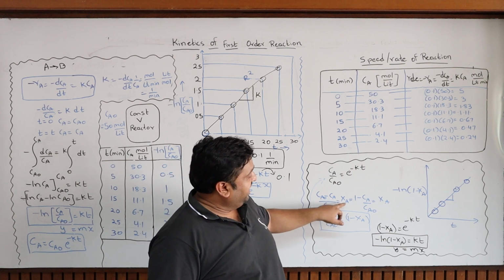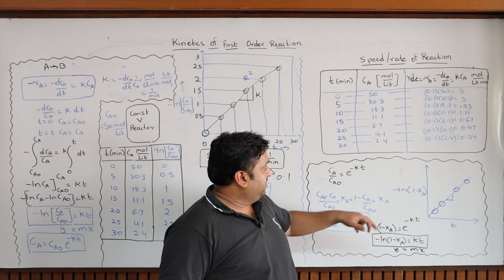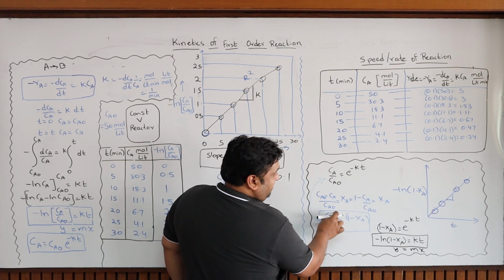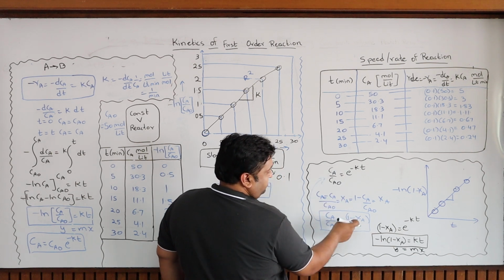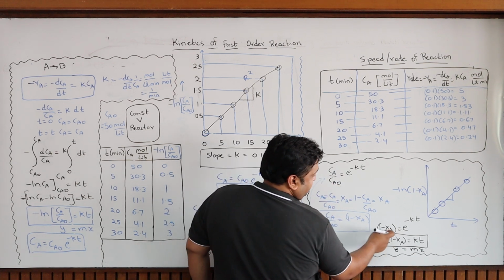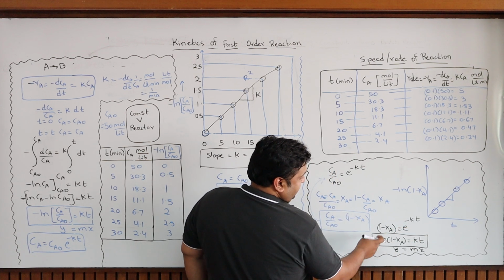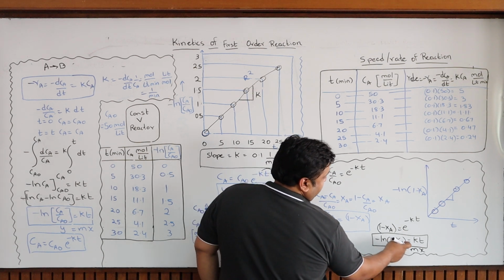I know (Ca0 minus Ca) by Ca0 equal to Xa, so 1 minus Ca by Ca0 is equal to Xa. Then Ca by Ca0 is nothing but 1 minus Xa. Simply I will replace Ca by Ca0 with 1 minus Xa, that is 1 minus Xa is equal to e power minus k into t, and if I apply ln on both sides, minus ln of (1 minus Xa) is equal to kt.